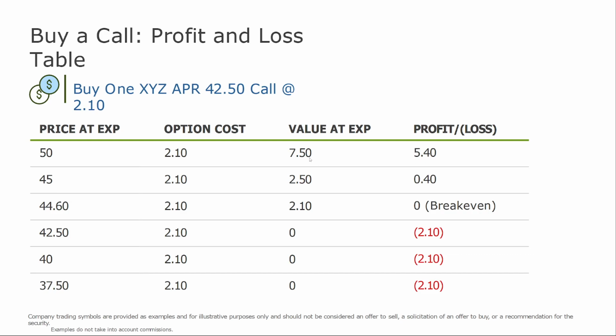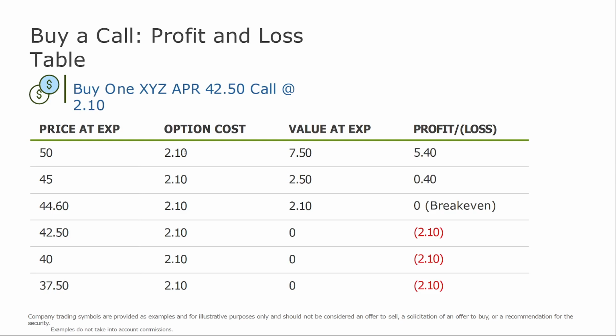So in this case, the premium that we paid was $2.10. So the total profit that we would have in this case is going to be $5.40 per share. So in this case, we paid $210 and we are going to net $540. So almost 2.5 times the initial. So in this case, 250% return on investment for the operation that was made.